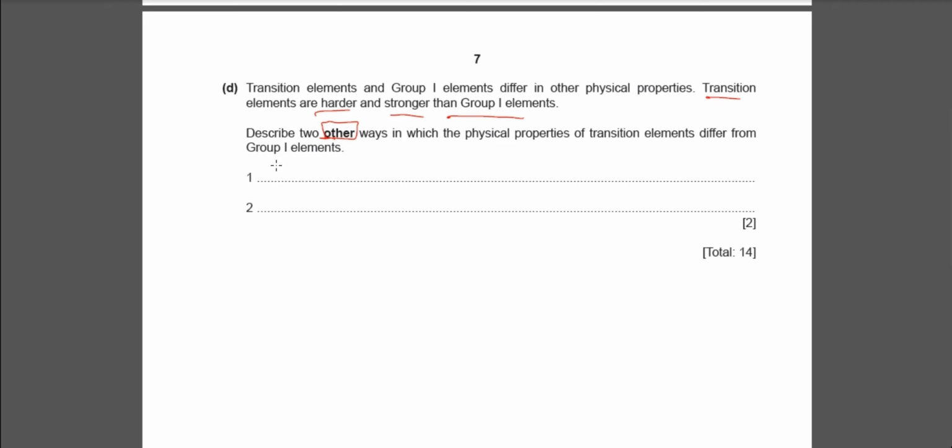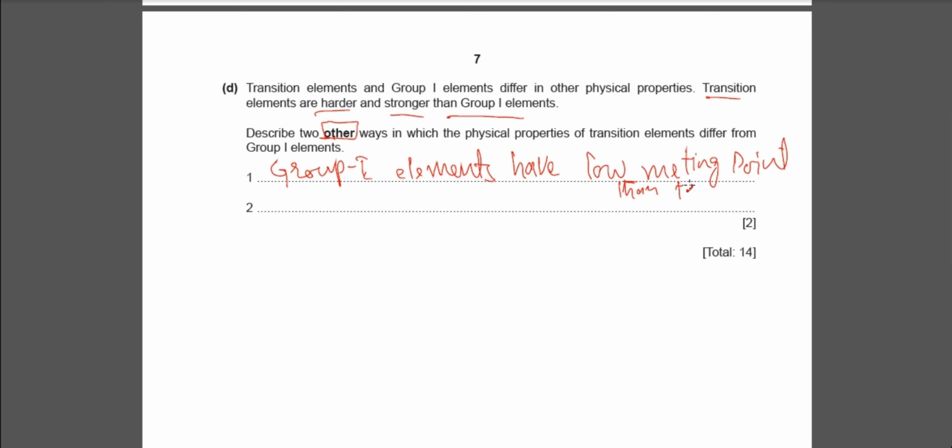Group 1 metals have a low melting point than transition elements.